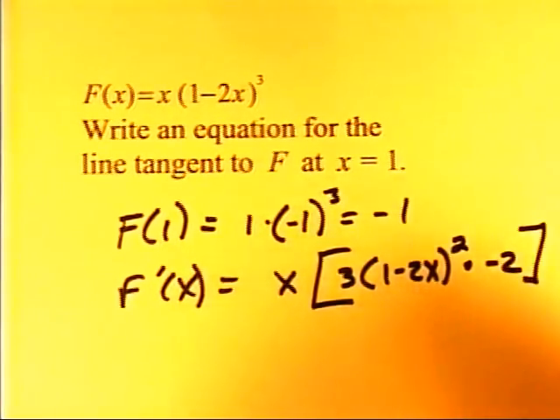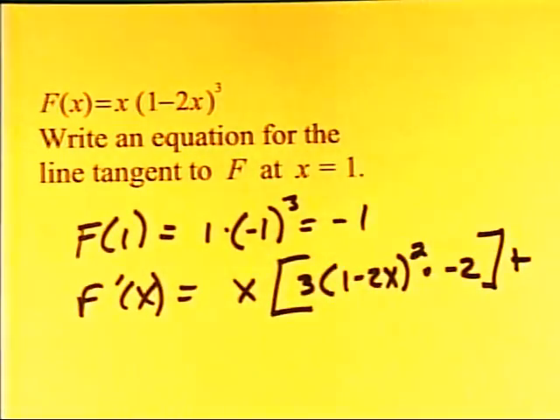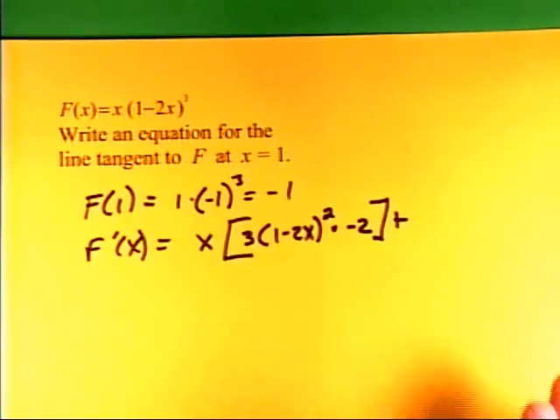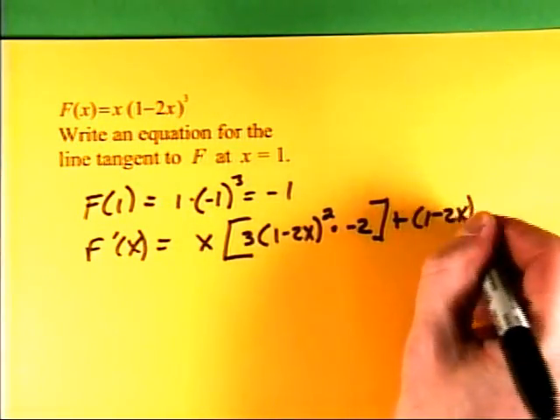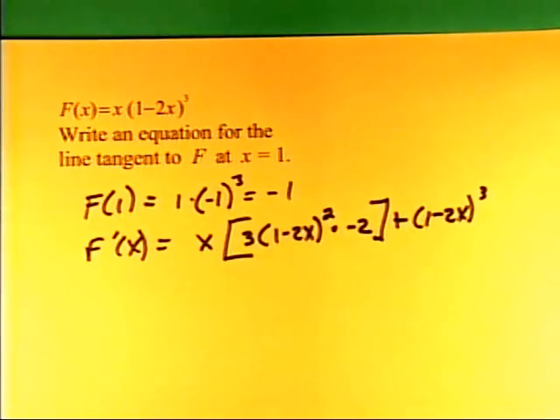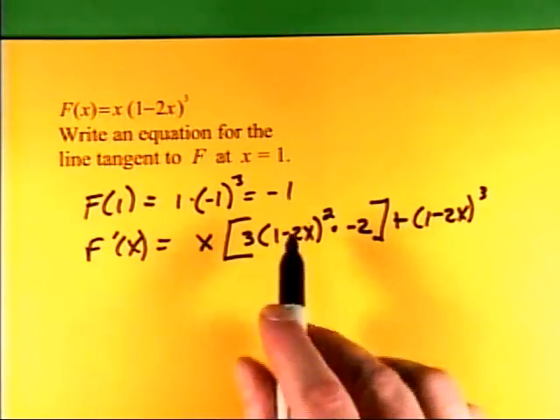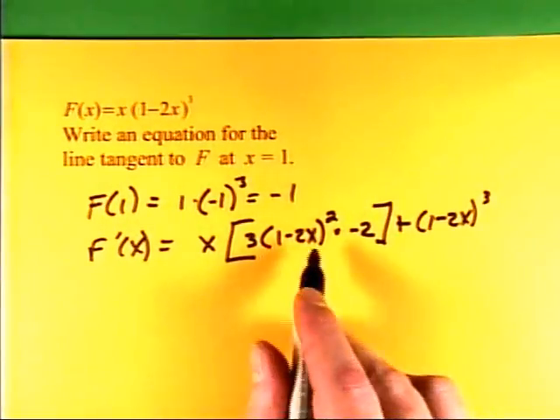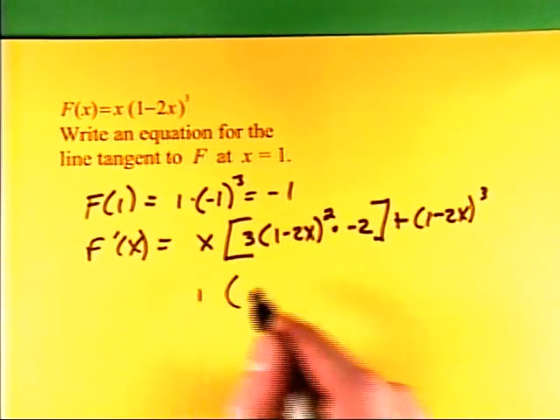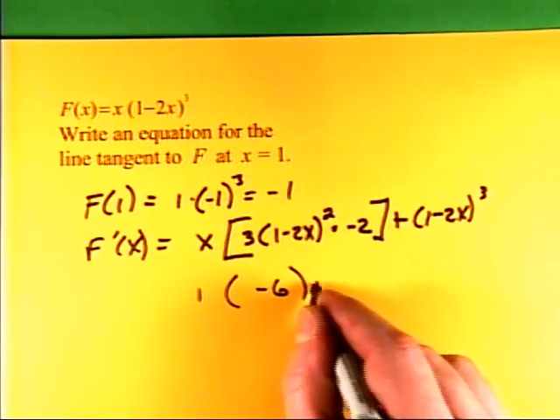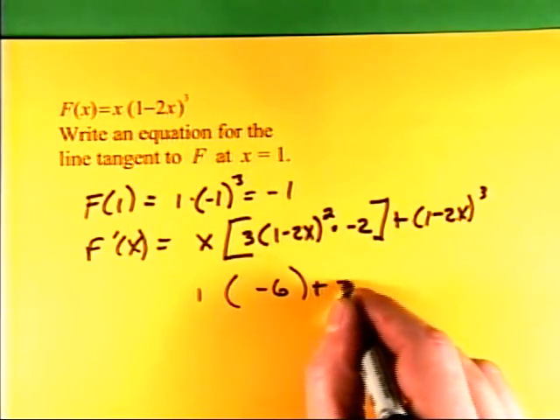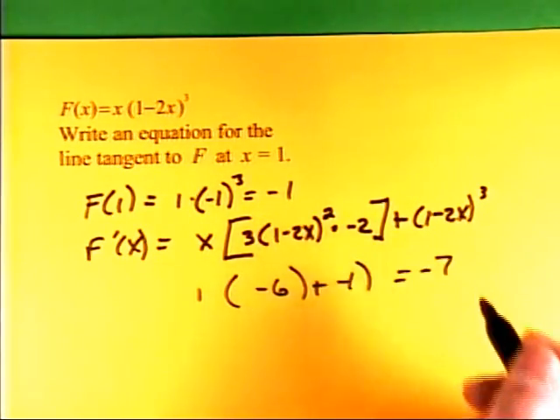Plus the second times the derivative of the first. What's the derivative of the first? 1. And then you just plug in 1 to get the slope, right? So it's 1 times 3 times negative 2, which is negative 6, plus negative 1. So the slope is negative 7, I think.